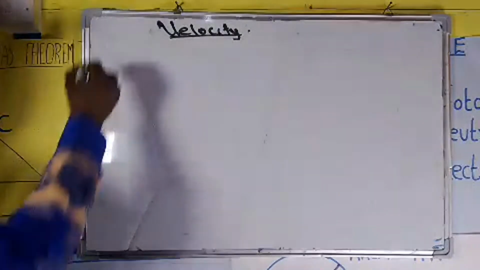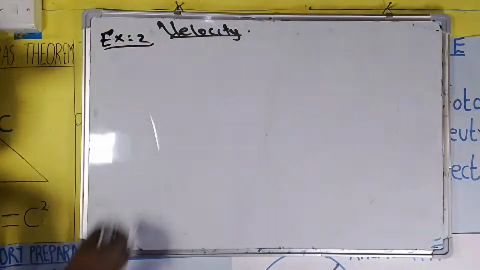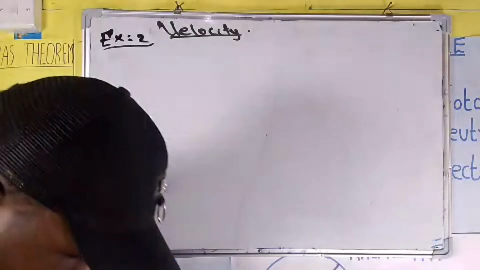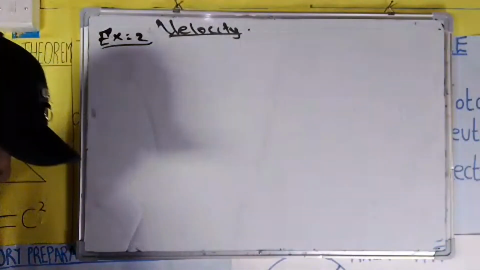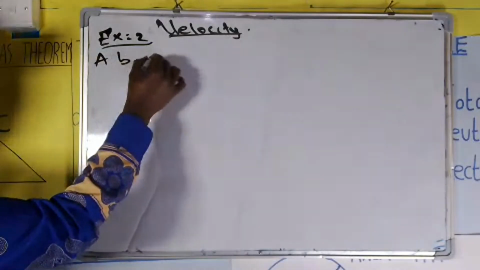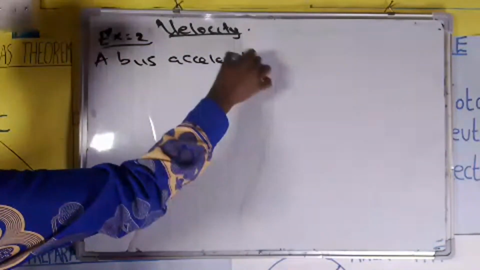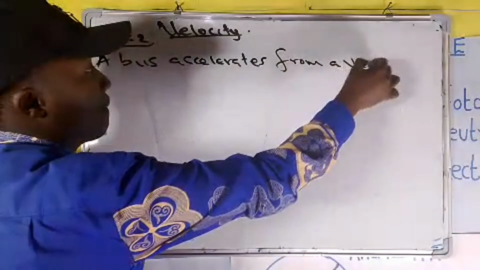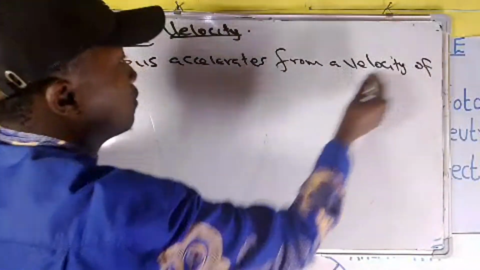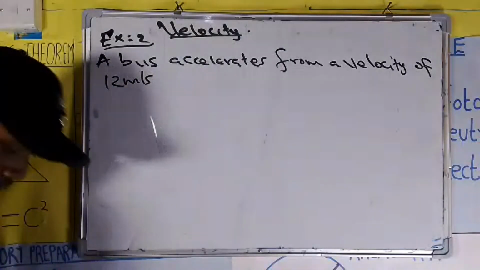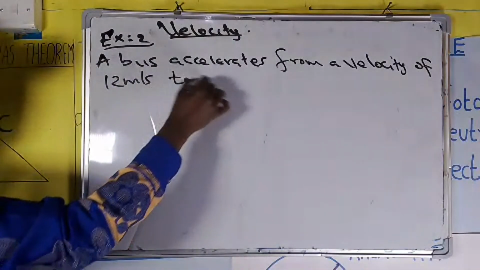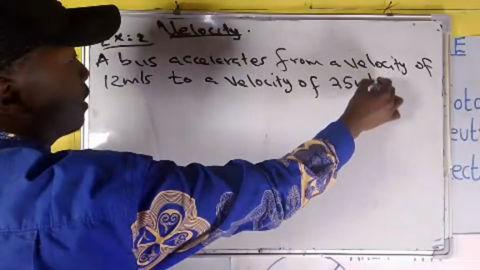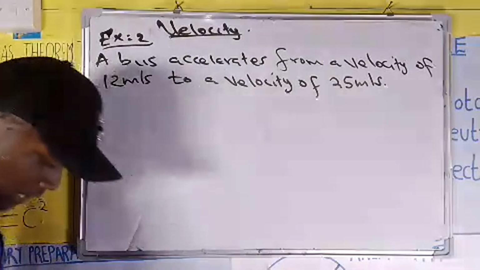So let us do example 2. Example 2 is reading: a bus accelerates from a velocity of 12 meters per second to a velocity of 25 meters per second.